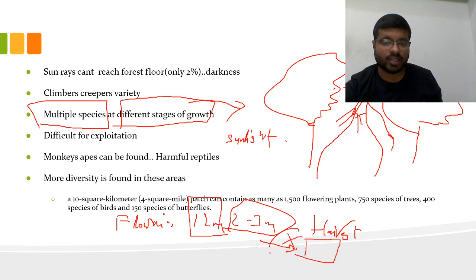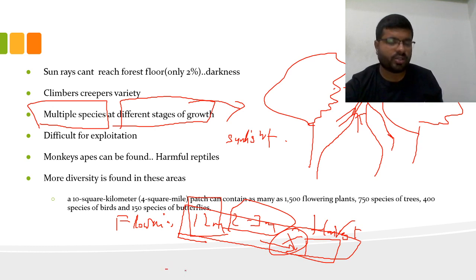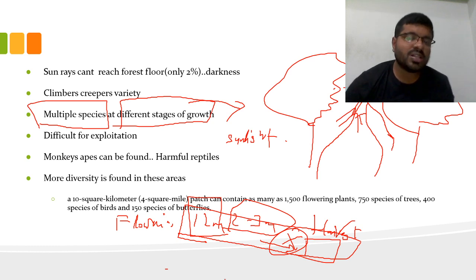It is not like that. As there is uniform amount of energy, temperature and rainfall throughout the year, the species growth is not a product of season. You are finding multiple species at different stages of growth.